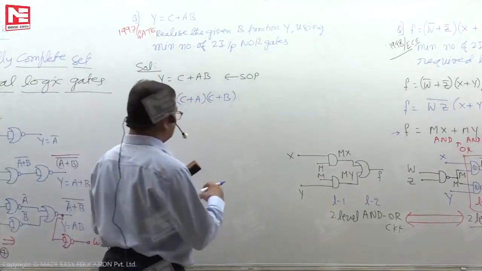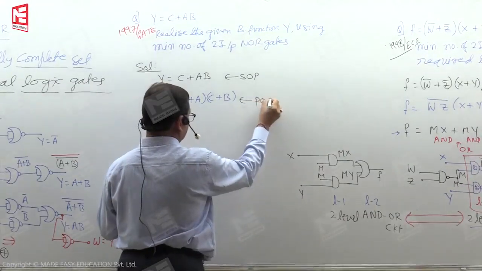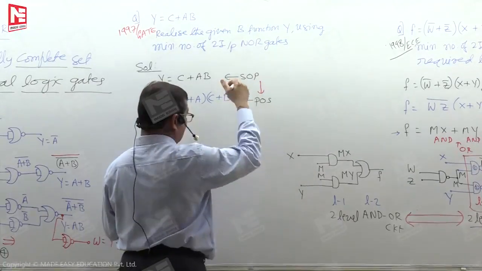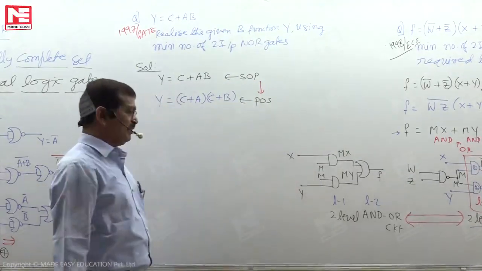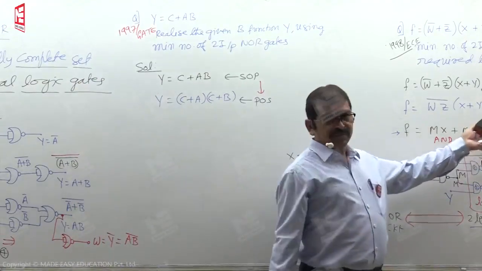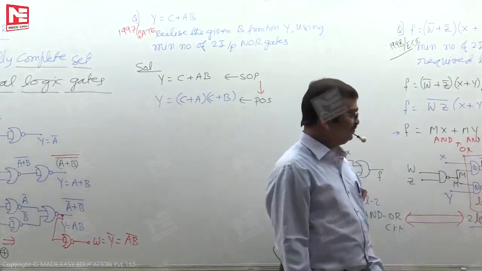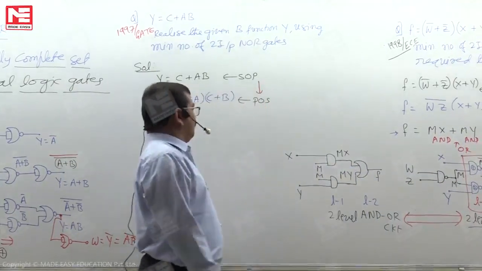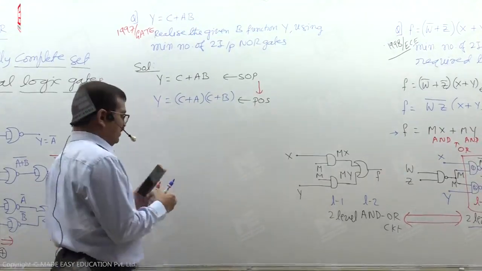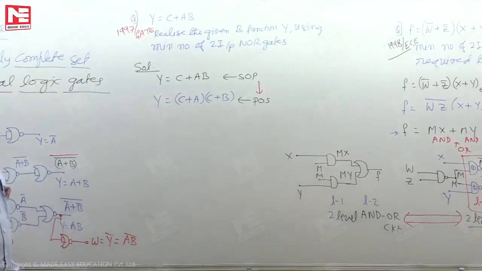So this expression is, of course, in POS form. The given expression is in the SOP form, and we are converting it with the properties to the POS form. It was similar work to what we had in the earlier question, where the given POS expression we converted to SOP form. Now this POS expression can be implemented with a two-level NOR.